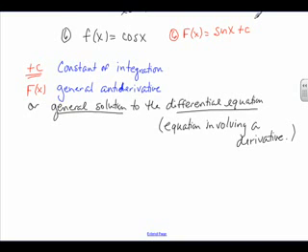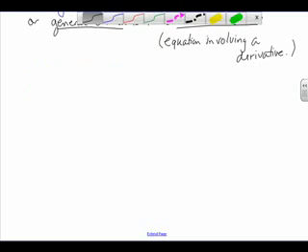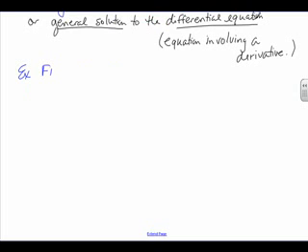So if you've got a problem like this, we want to find the general solution to the differential equation y prime is equal to 5.